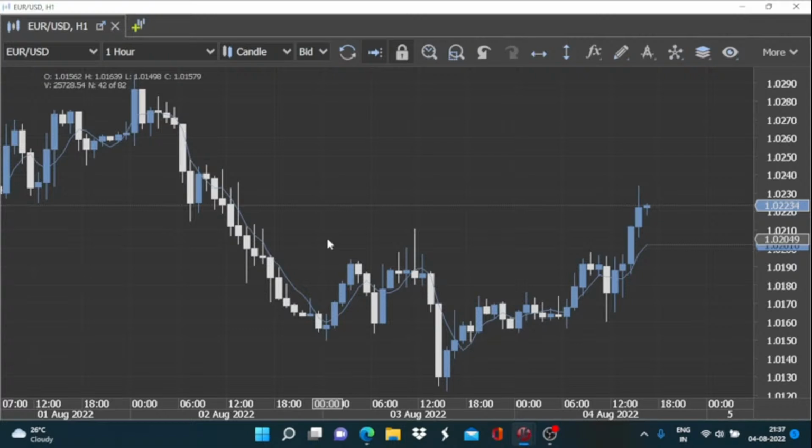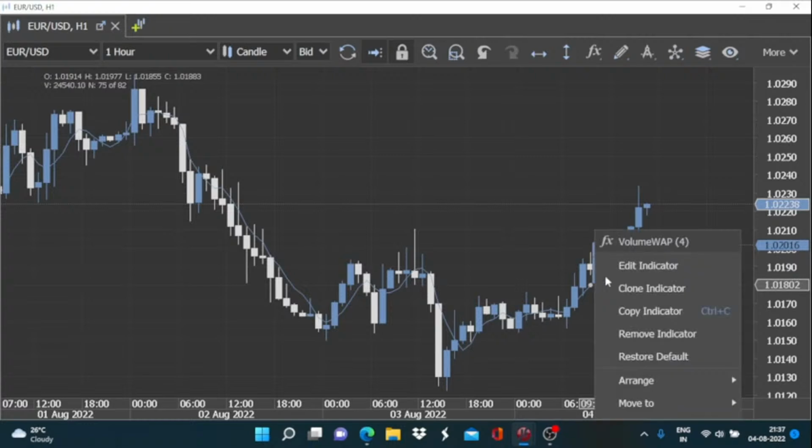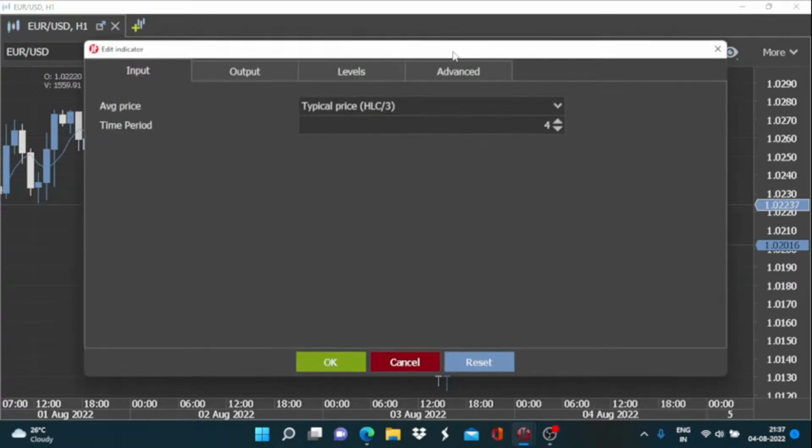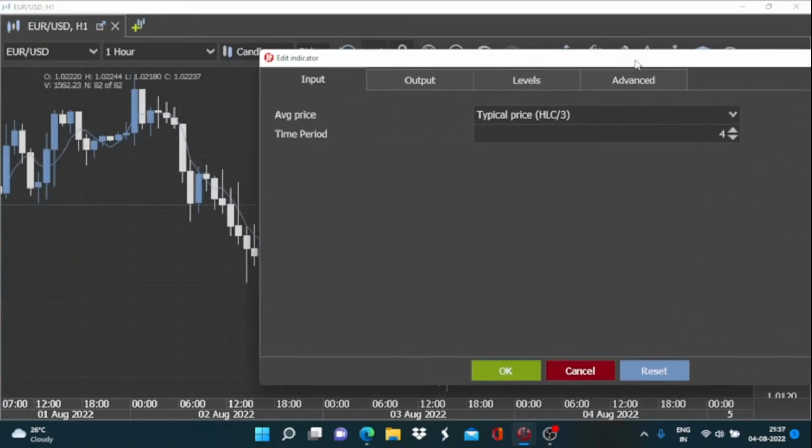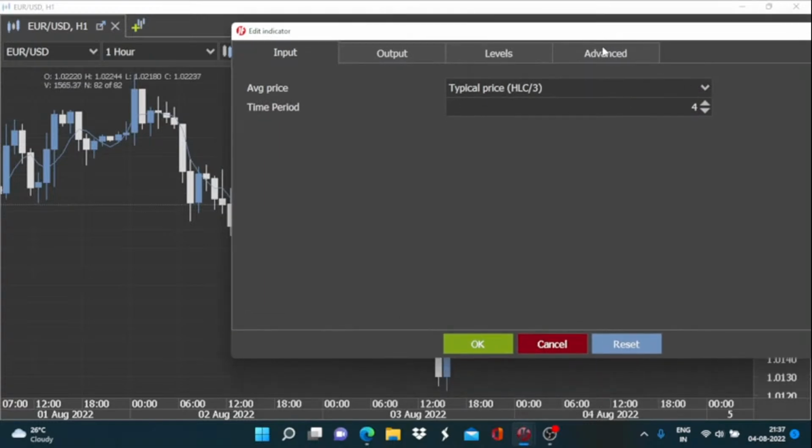Here, this session is mainly for looking at the possible uses and the customization options provided on this platform, which has been developed by the Dukascopy Bank SA. So for us, we have these tools given to us. We can define the kind of applied price which we want to be used for this volume weighted average price.